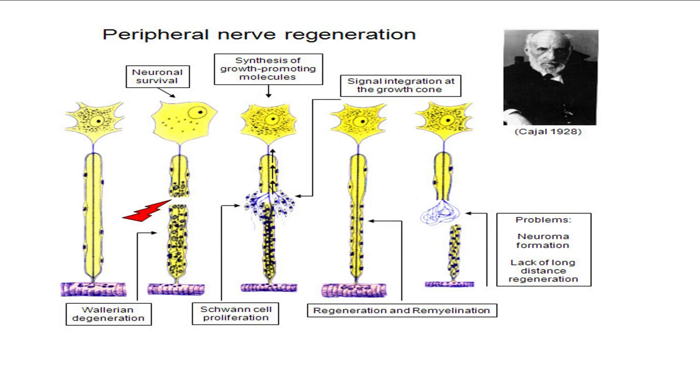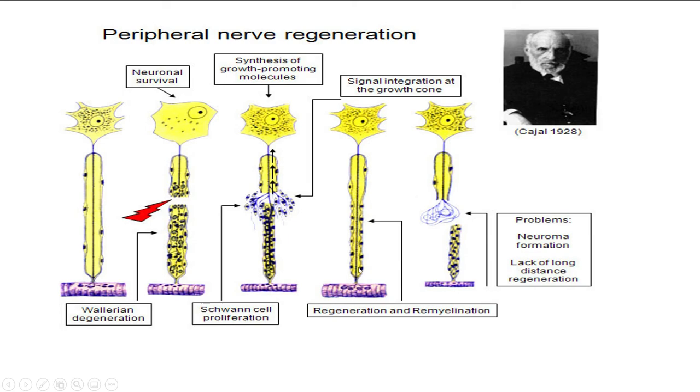This picture shows the different types of peripheral regeneration. First of all, this is the Wallerian degeneration. This is the recovery, and you can see the Schwann cells recovering this part, and this is the complete regeneration.